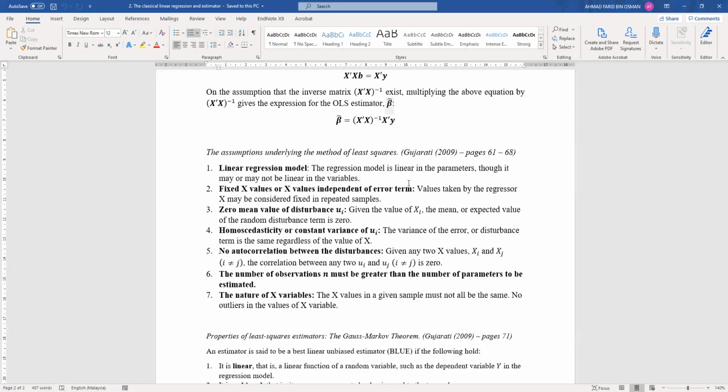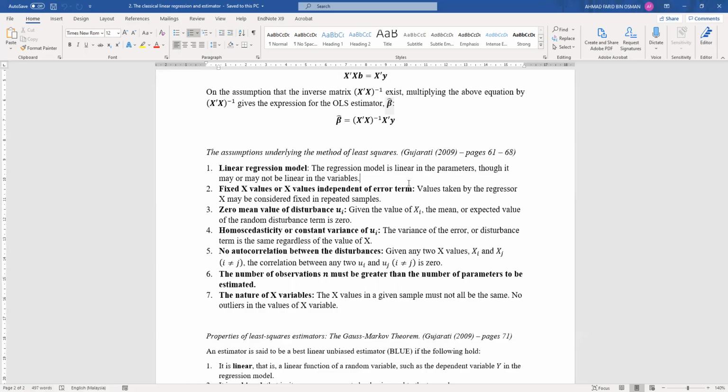Meaning that for whatever value of x, when the value of x increases, the effect of the change in x will be the same on y. Let's say x1.